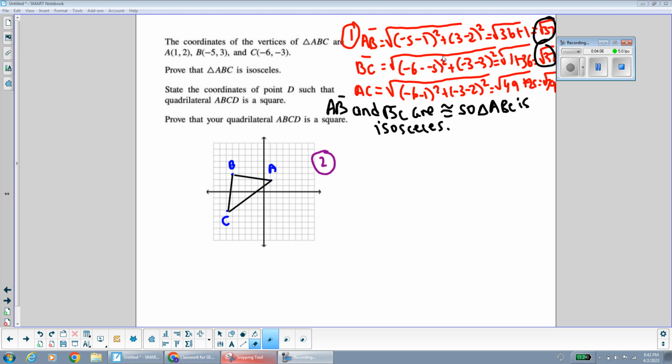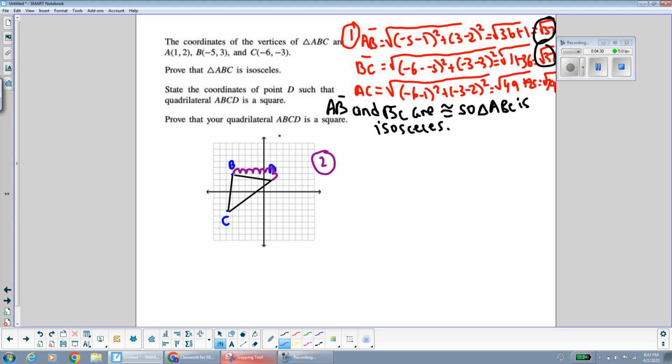Now for part 2, we need to show that ABCD is a square. We need to find the last point that makes it a square. So I'm going to use slopes to do that. I'm going to count from point A to B, just from any 2 points. So that is up 1, 1, 2, 3, 4, 5, 6 to the left.